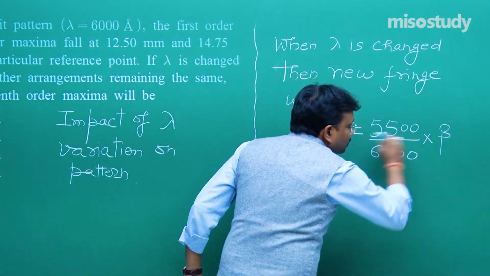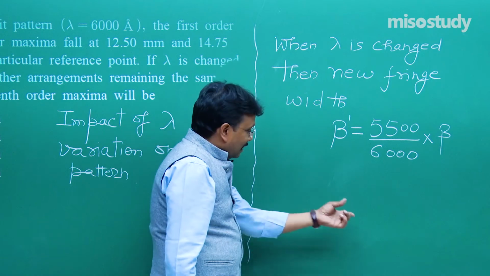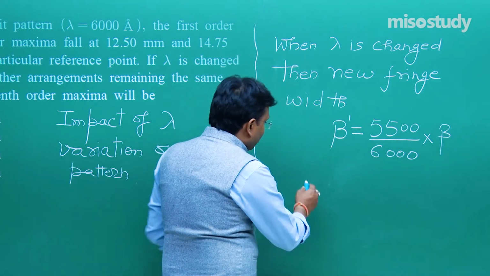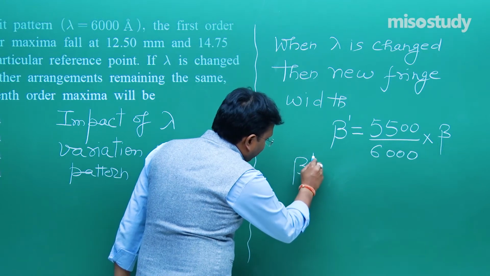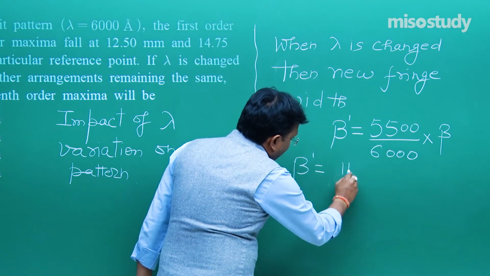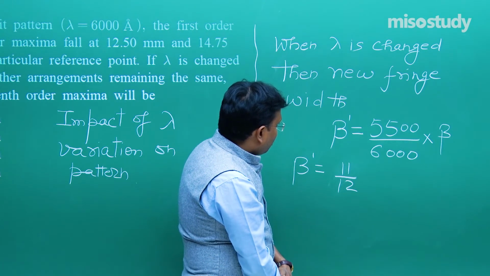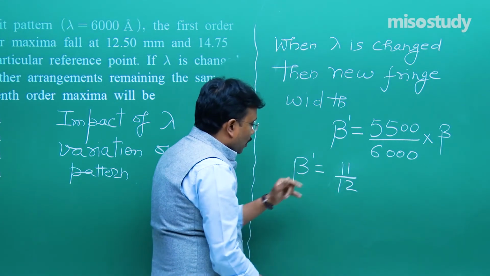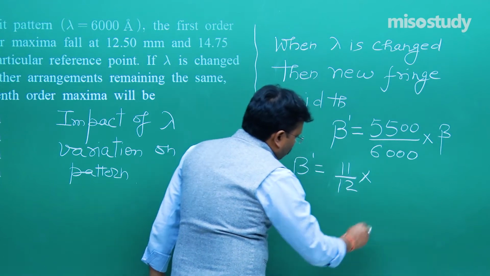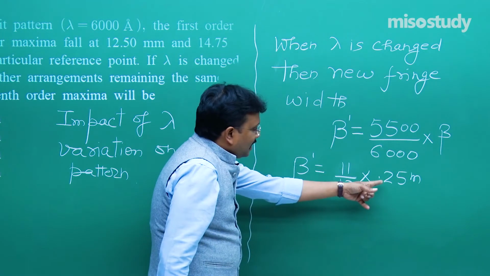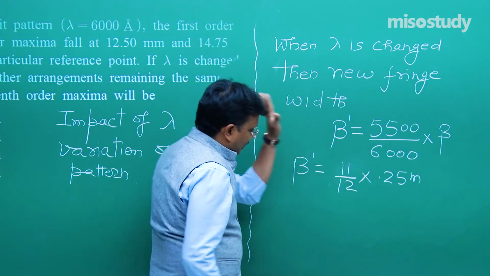beta. And what is the value of beta? Just here I mentioned it was 0.25 mm. Okay, it means beta prime is equal to 11 by 12 into 0.25 mm. So, obviously, it is going to reduce slightly.